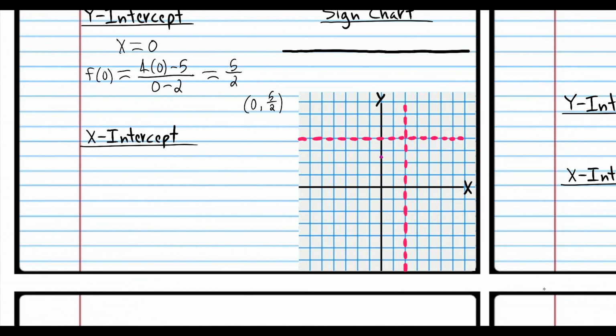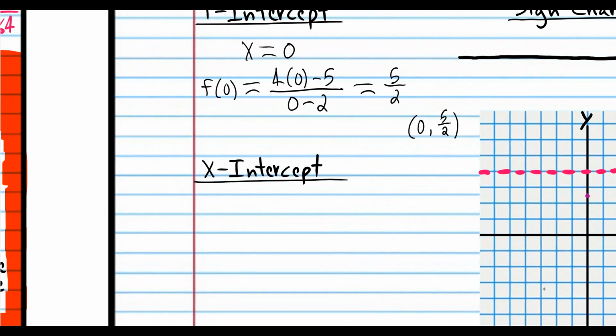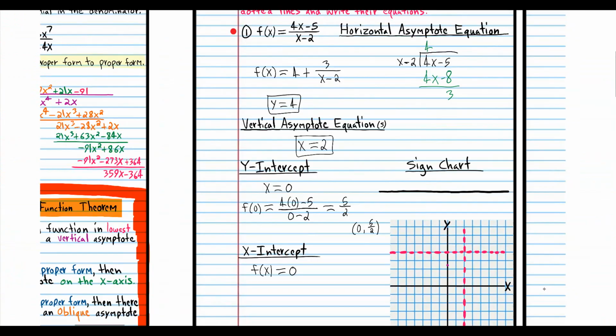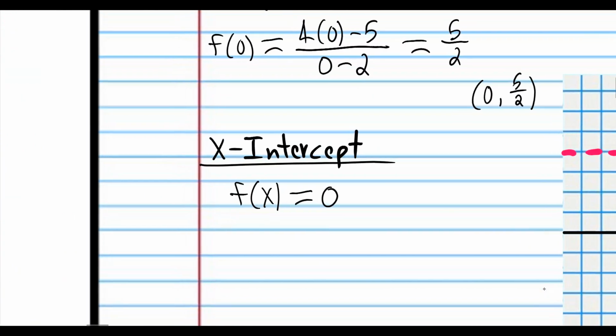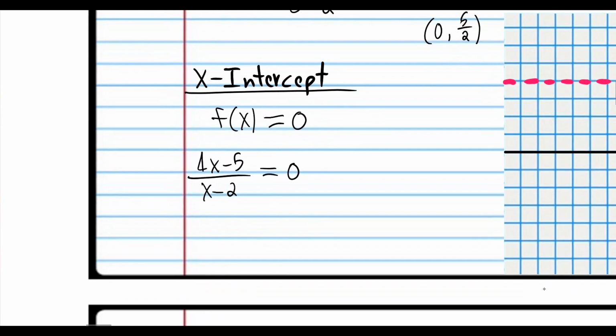And now let's find the x-intercept. So for the y-intercept, we let x equal 0. For the x-intercept, we're going to let y equal 0. So we have 4x minus 5 over x minus 2 is equal to 0. We want to know what x value would make this fraction equal to 0.